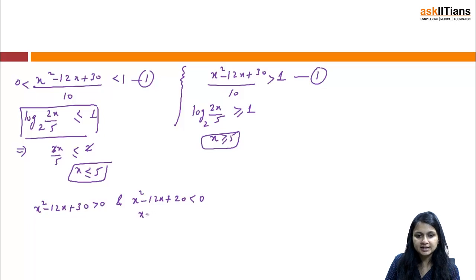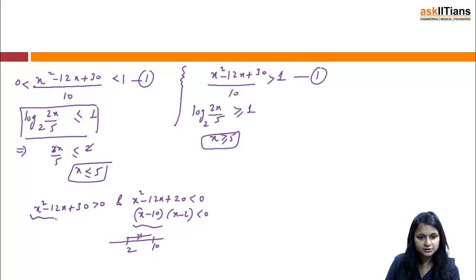So this gave me (x minus 10)(x minus 2) less than 0, because it is lying between 0 and 1. Let's solve this condition. The roots are 2 and 10, so x will be lying between 2 and 10. Now x square minus 12x plus 30 greater than 0.